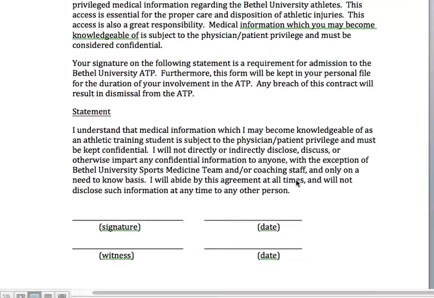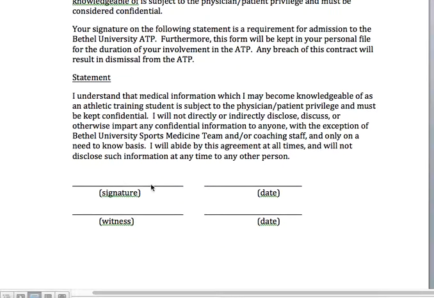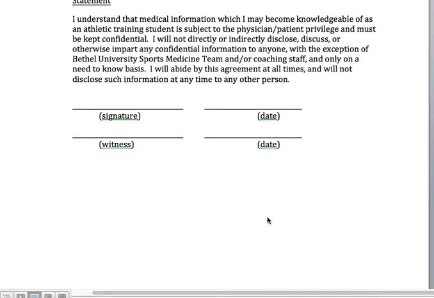Looks like they hurt their knee, what happened? And all you can say is they hurt their knee at the game. If the athlete wants to give them more information, that's fine, that's up to them, but you can't. So you're going to sign this, date it, and then have a witness signature and date it and slide that under my office door as well as soon as possible.